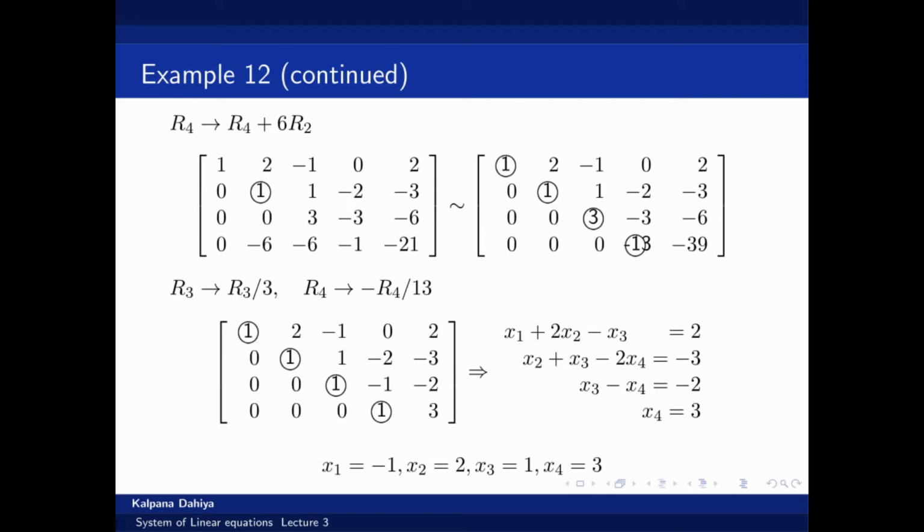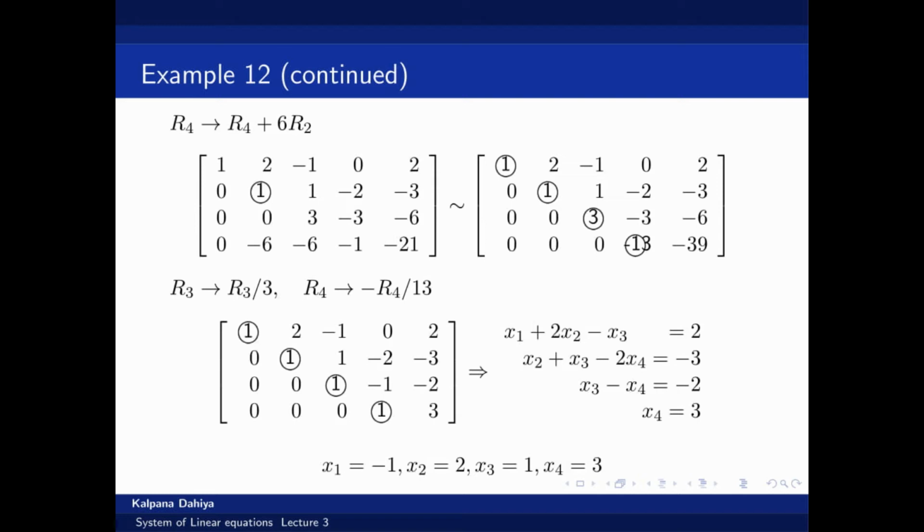We have the first row 1, 2, -1, 0, 2. Second row 0, 1, 1, -2, -3. Third row 0, 0, 1, -1, -2. And the fourth row is 0, 0, 0, 1 and 3.